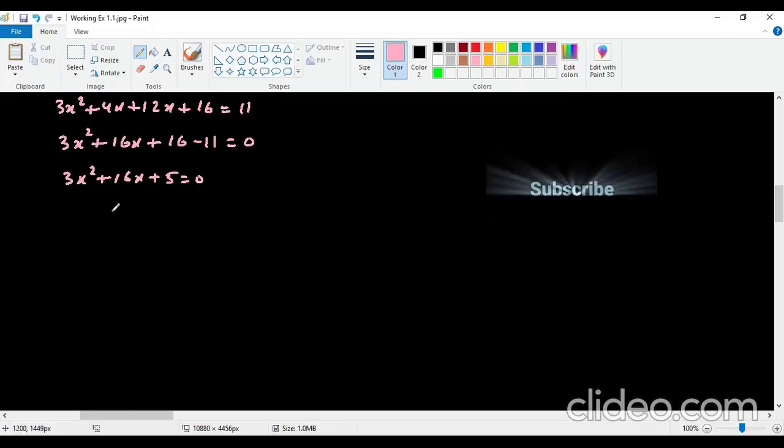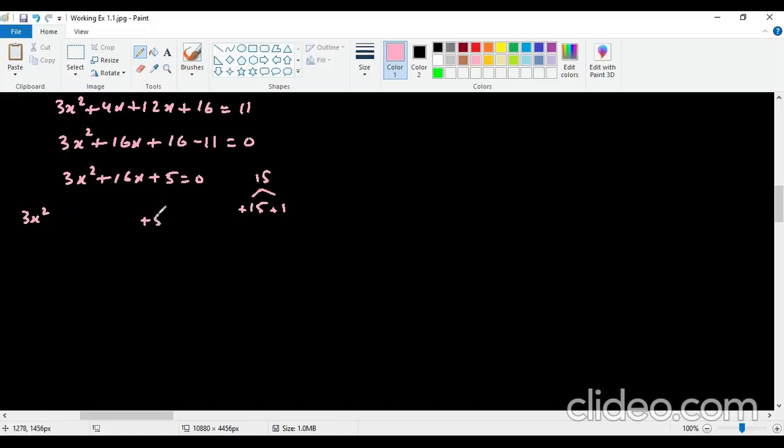Now we need to factorize this. We know very well 3 times 5 is 15, and by factorizing we get 15 and 1, because 15 plus 1 is going to give me 16. So I will rewrite this: 3x squared plus 5 equals 0, and plus 15x and plus 1x. So 3x is common, x plus 5 in one bracket, copy down once again, x plus 5 equals 0, and plus 1 here.